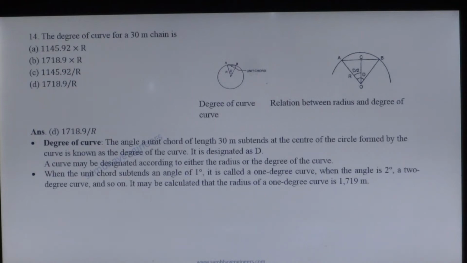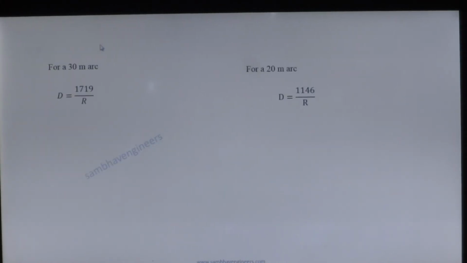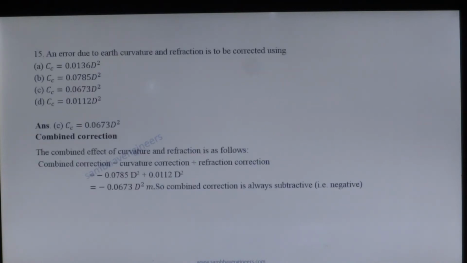For 30 meter arc or 30 meter chord, degree of curve is equal to 1719 divided by R. For a 20 meter arc, degree of curve is equal to 1146 divided by R.